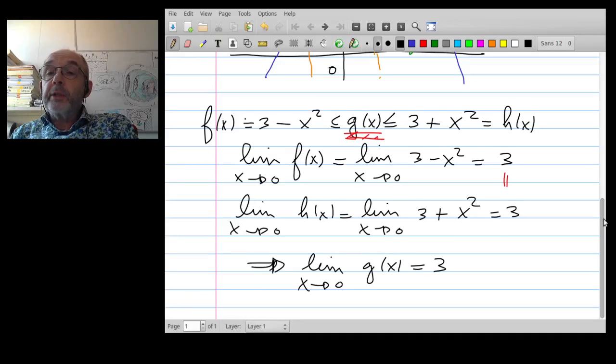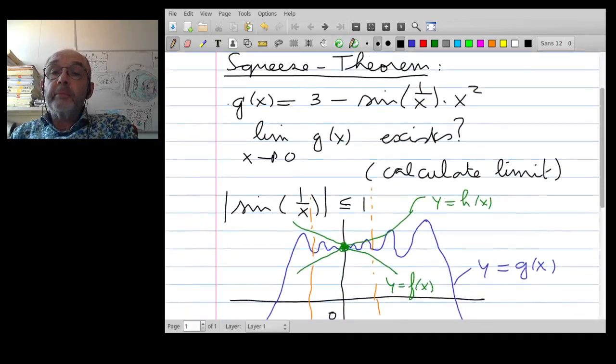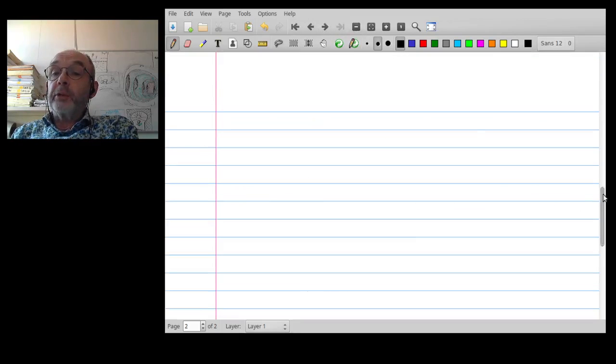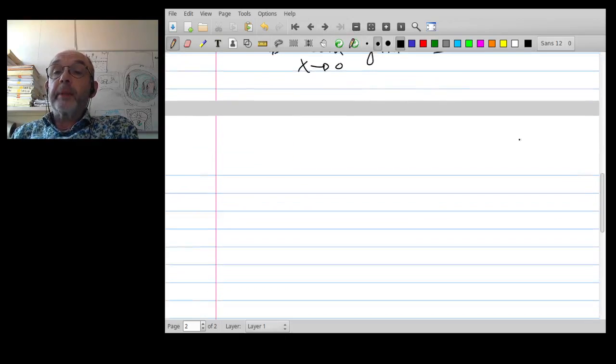Now that is, in a certain sense, the squeeze theorem. If you can find an upper boundary and a lower boundary which have the same limit, and your function is between them, then you also know the limit of your original function.